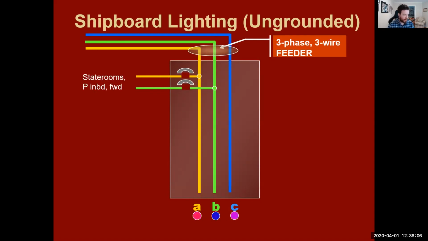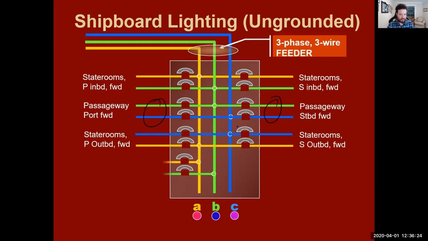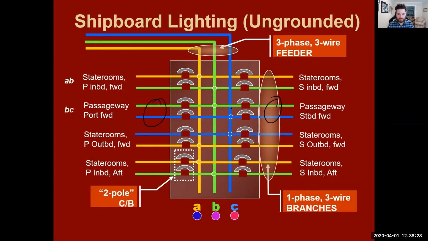Same sort of circuit panel that we would know and love. All right. But the big difference that we're seeing is that every single line has their own circuit breaker. All right. Because technically both lines are live.